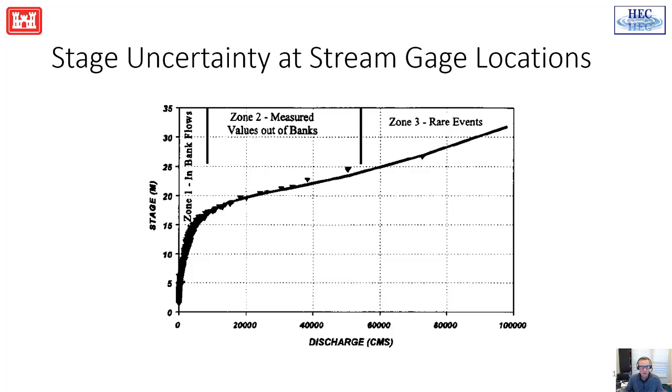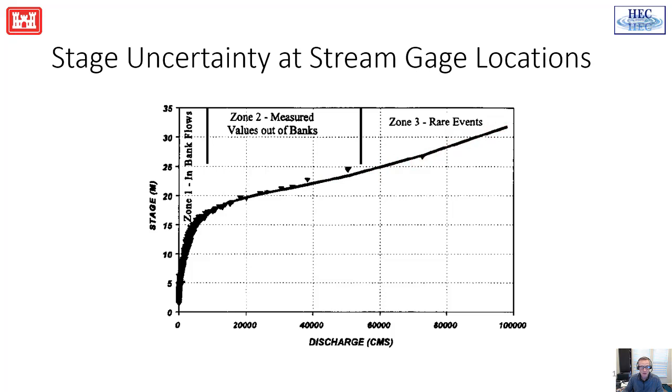In the figure shown on your screen, you can see that we have 3 different flow zones. We have a low flow zone where the river is contained within the river banks. We have a higher flow zone where water is getting out into the floodplain. And then we have the area of extreme flood events.